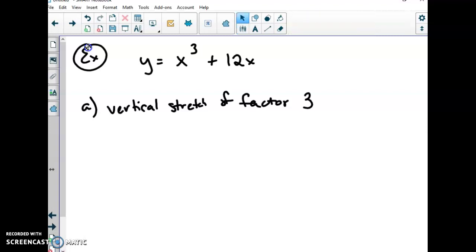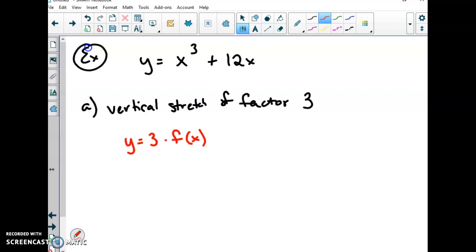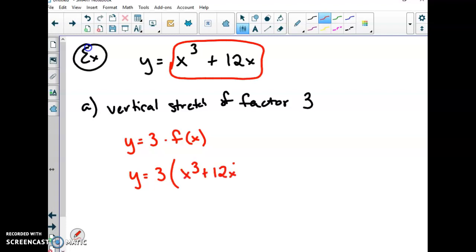If we're doing vertical, we know that it's a multiplication, and my stretch factor happens to be 3. So what that means is we are going to take that whole function times 3. That's not bad. You just distribute. And ta-da, I have my vertical stretch of factor 3.